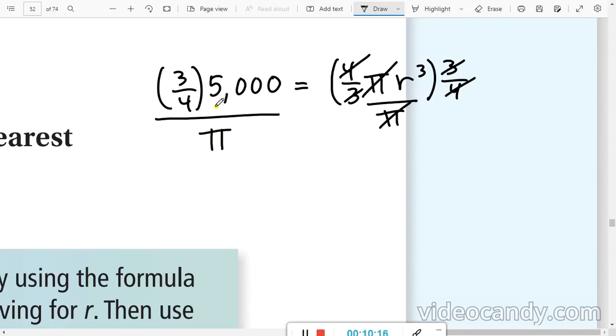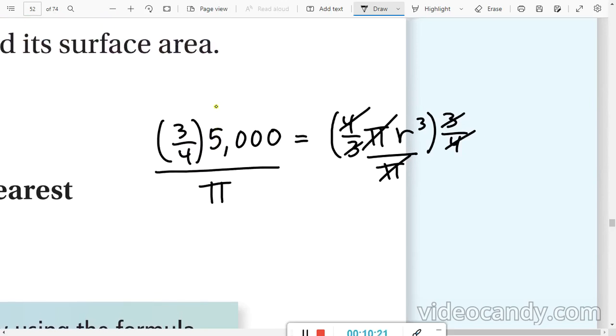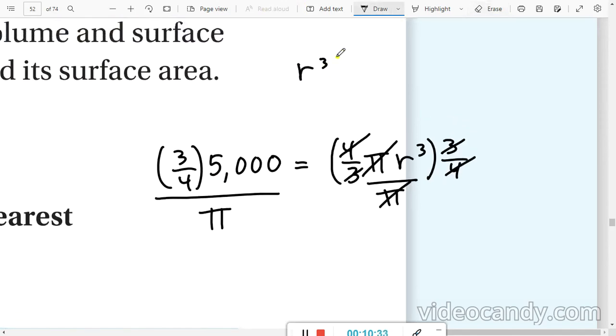All right. Now, if you have r to the third, you can't just take the square root because r is not squared. R is to the third power. All right. So if you want to solve for r, what you have to do is raise both sides to the exponent of 1/3.